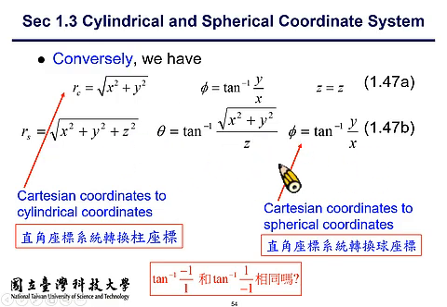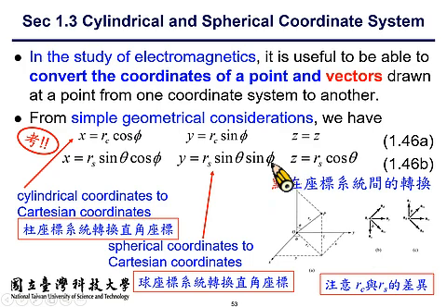So let's move on to the other set, the conversion between spherical coordinate and Cartesian coordinate. It's a little bit complicated, but it essentially follows the same fashion. So x will be the cosine phi times the projection of the vector connecting from the origin to the observation point, and find its projection on the xy plane, so that will become r sine theta.